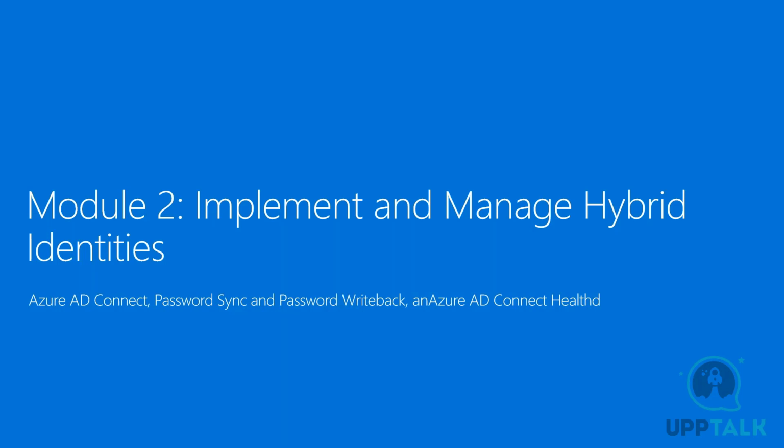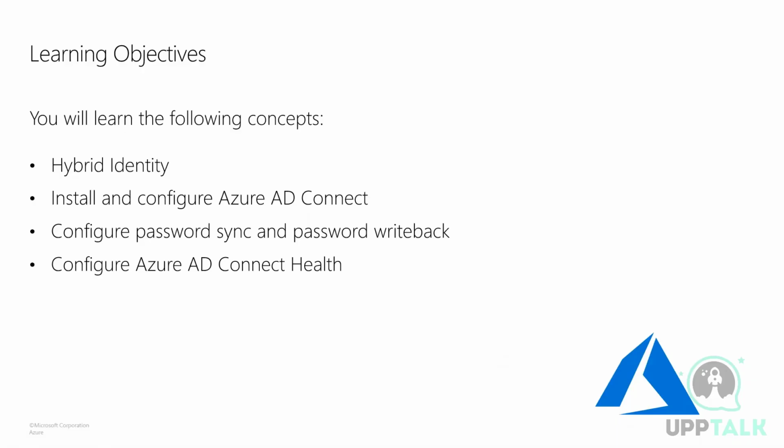So with a large number of pre-existing resources, we need to use a tool called Azure AD Connect, which will synchronize these users and their attributes onto Azure Active Directory.